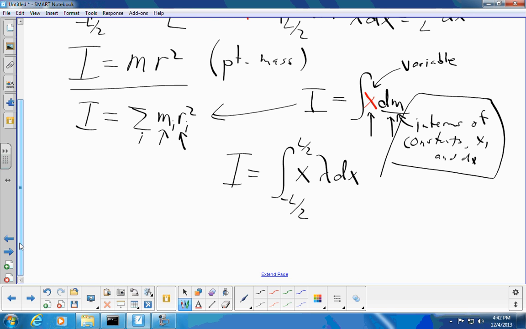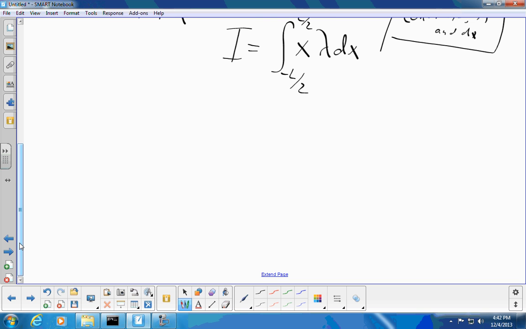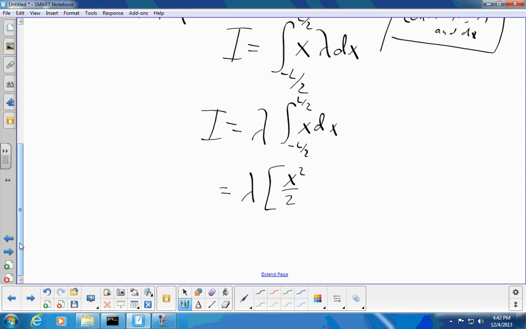And by all means, go ahead and finish this integral. It's a fairly straightforward one. The lambda gets pulled out, and I'm going to integrate x dx from negative L over 2 to L over 2. And that, of course, is x squared over 2, evaluated at negative L over 2 and L over 2.